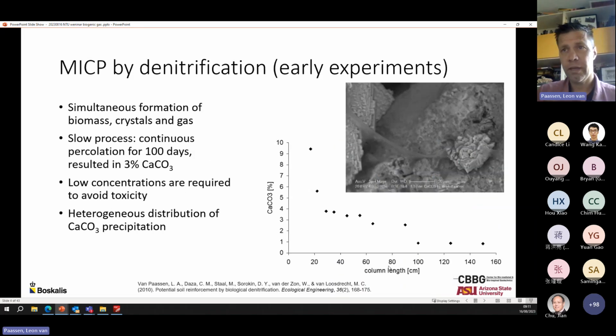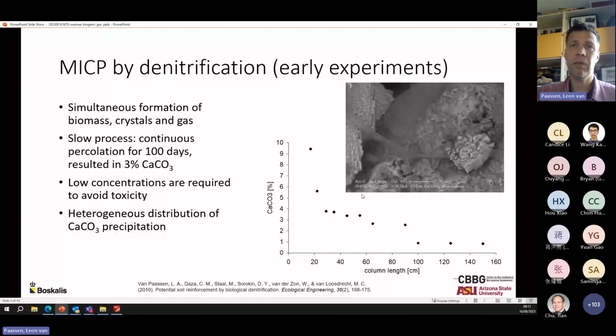Back in the days, almost 15 years ago, we did some experiments mostly focusing on the carbonate precipitation, where we considered using denitrification as an alternative for urea hydrolysis, which is used more often in biocementation studies.